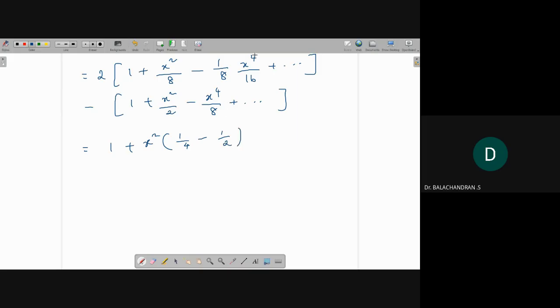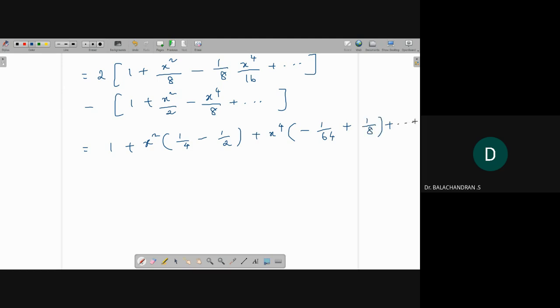And then if I take the coefficient of x power 4 commonly, here I have 4 by 64 minus 1 by 64. If you multiply by 2, 4 into 16, 64, and the plus 1 by 8, plus 1 by 8.